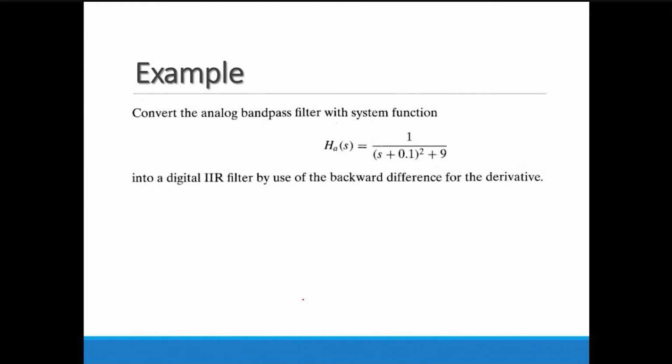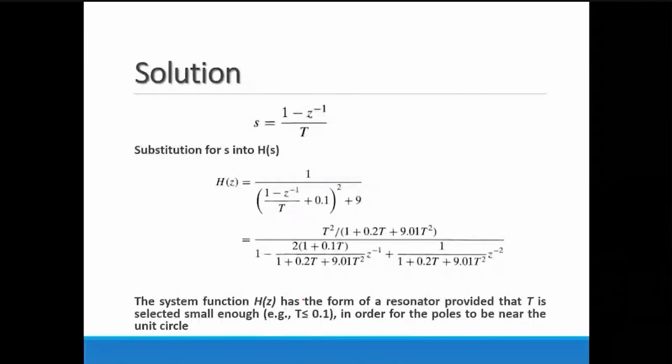So simply you have to apply the mapping function and design the digital filter. Let me show you this. As we derived, s is equal to (1 minus z inverse) divided by T. We substitute that value in H(s), and that produces H(z). So H(z) is equal to 1 upon ((1 minus z inverse) by T plus 0.1) square plus 9.